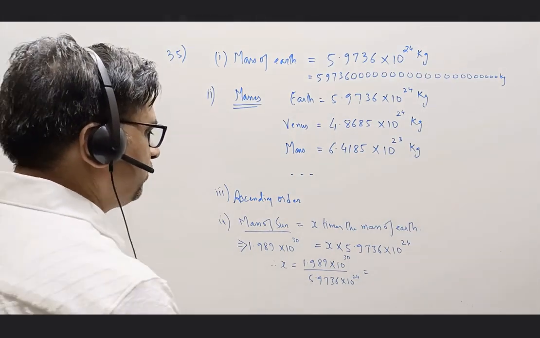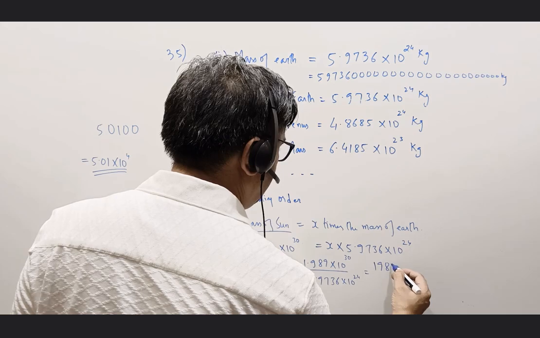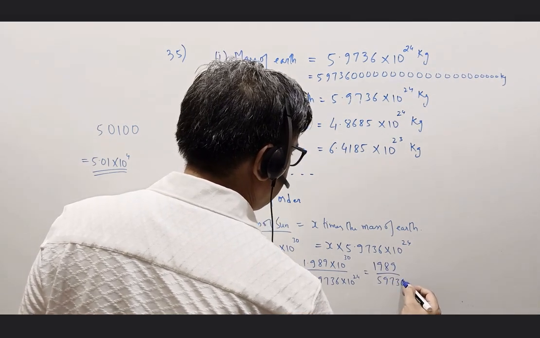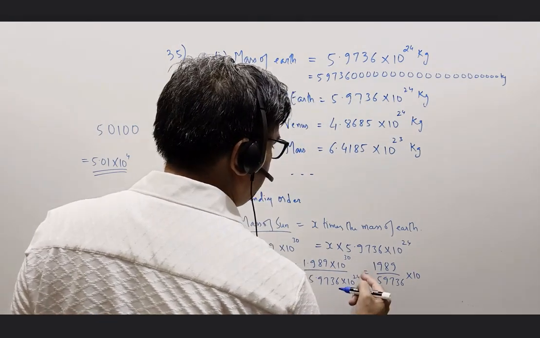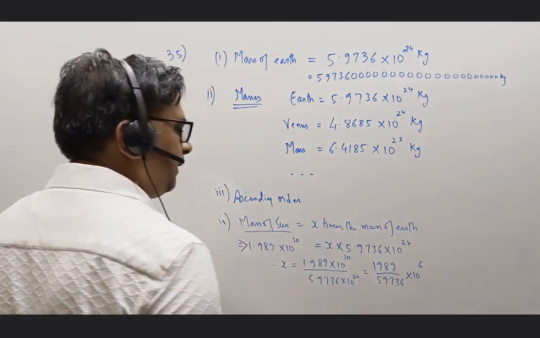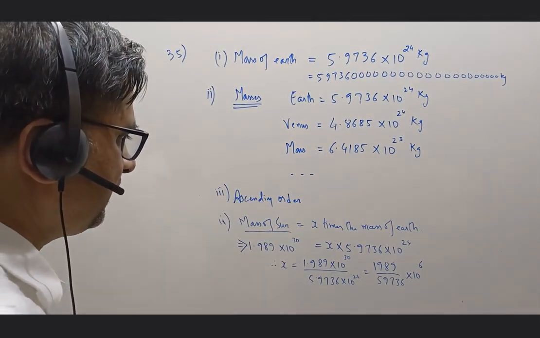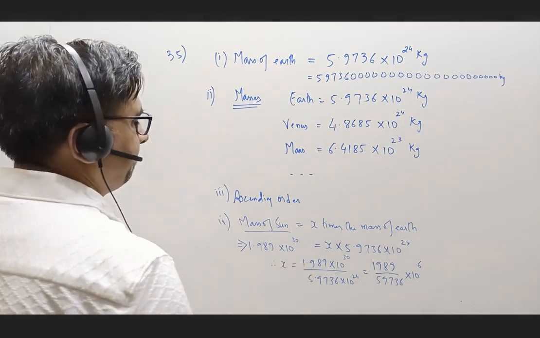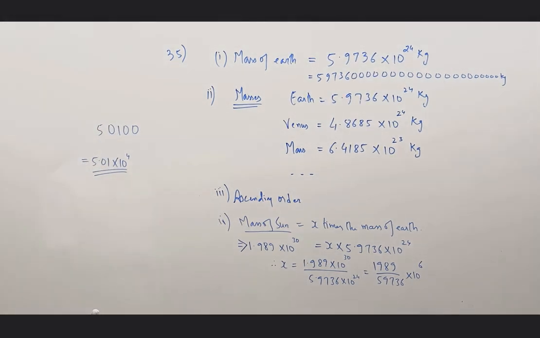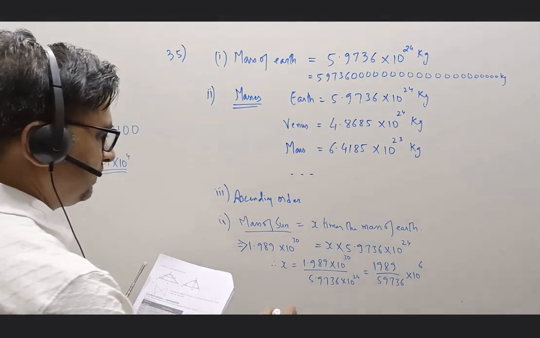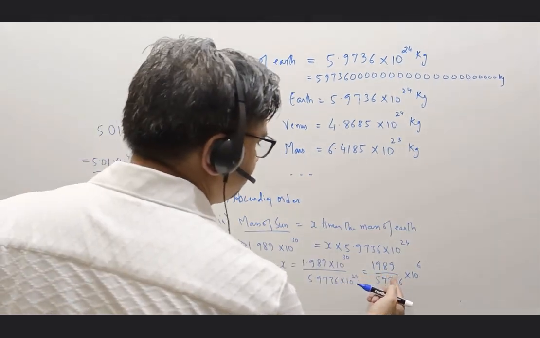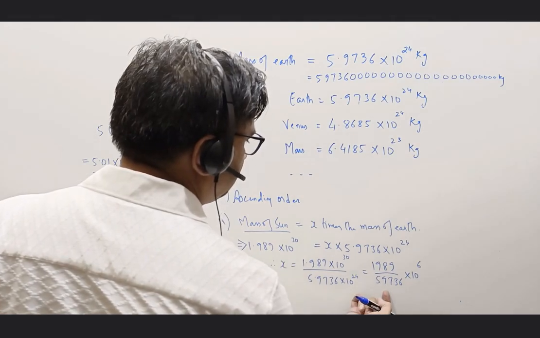So this will come to 1989 by 59736 into 10 to the power 30 minus 24. Here it will be 1.989 into 10 to the power 30 by 5.9736 into 10 to the power 24. So here you see that this numerator is smaller than the denominator.